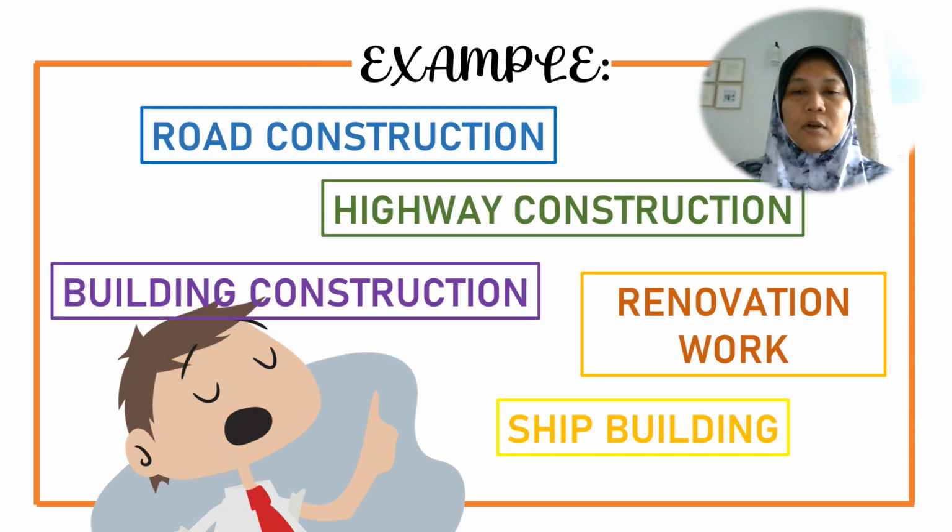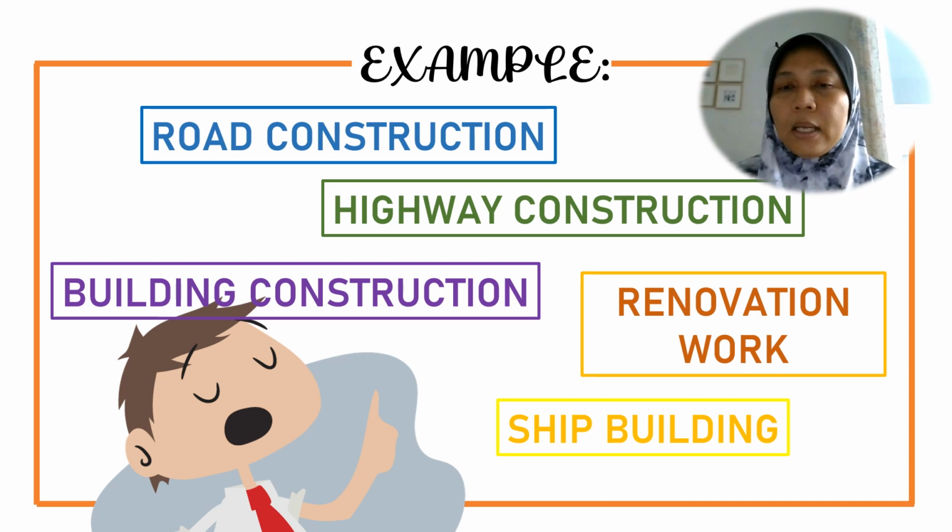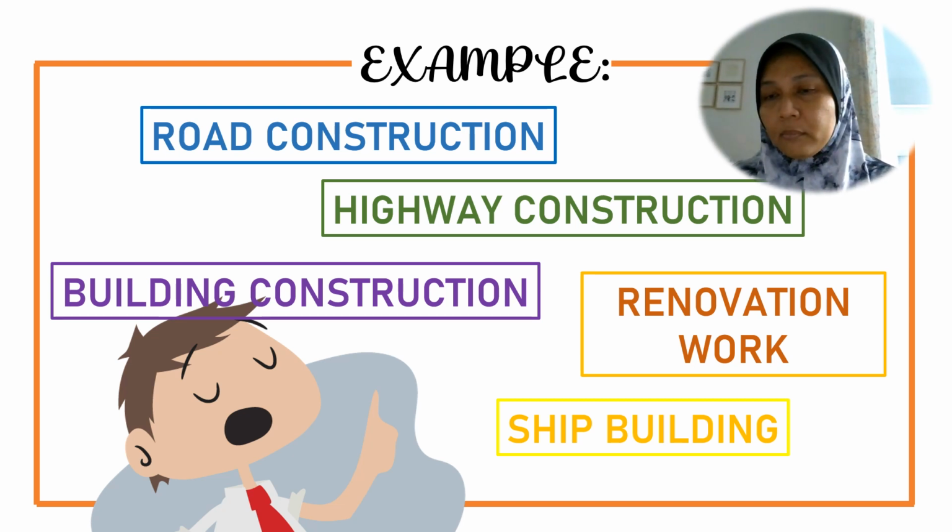Examples of work or industry that apply the contract costing method are road construction, highway construction, building construction, basically anything to do with construction, renovation, shipbuilding, and a few others.